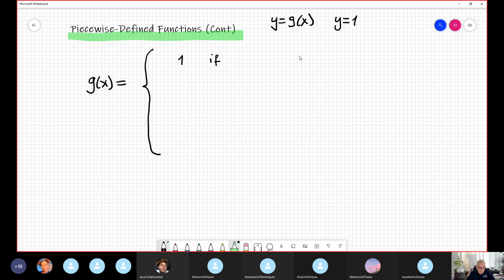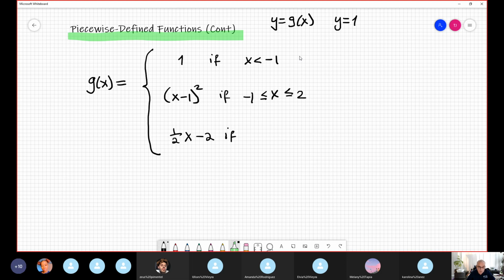If x is less than -1, and (x minus 1) squared if x is in between -1 and +2, and 1/2 x minus 2 if x is greater than 2.